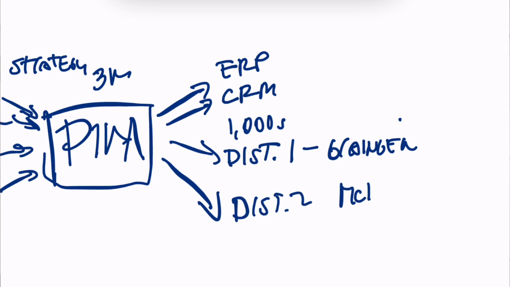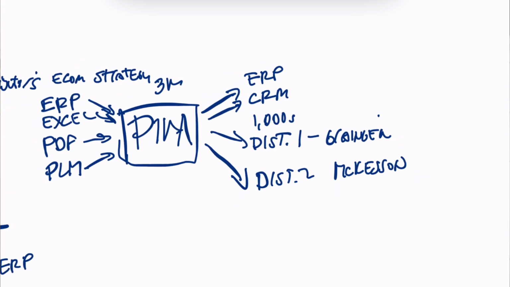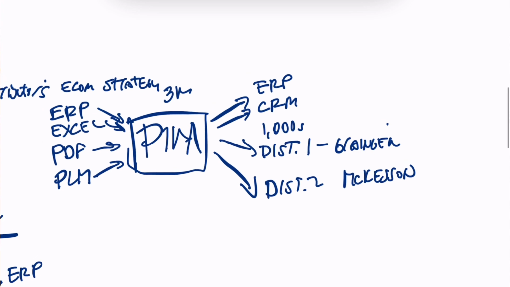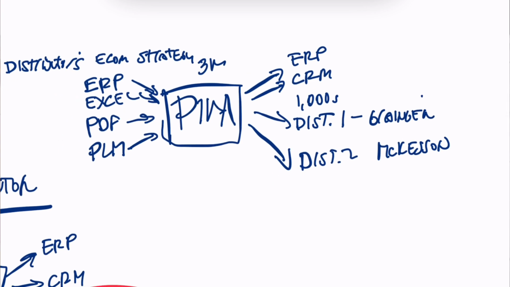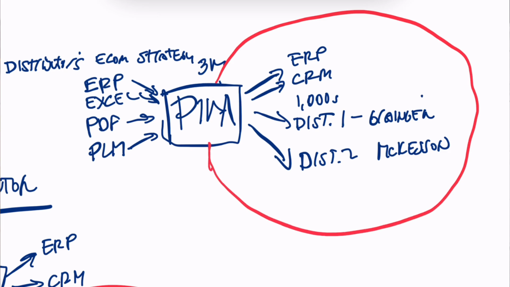Not that they're the second largest, but McKesson's in the medical field, and 3M has medical products, so they've got to get out here, right? So there's dozens or hundreds or even thousands of these distributors that you have this content on. So for a manufacturer, this part of the equation becomes more complicated for them.